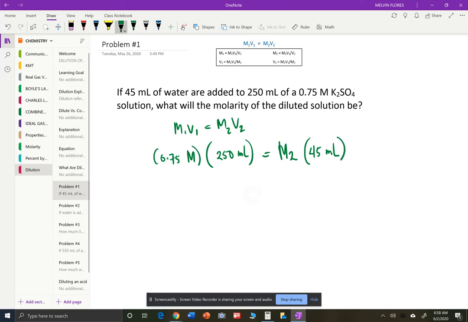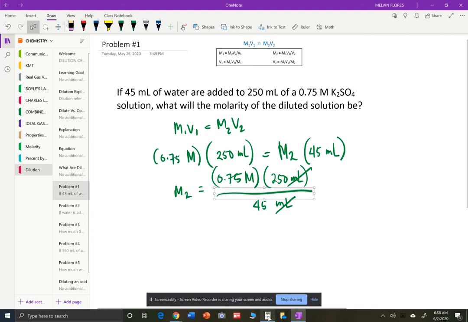Looking for M2, we have 0.75 molarity times 250 ml divided by 45 ml. Remember, your unit for volume should be consistent, so you can cancel that out.